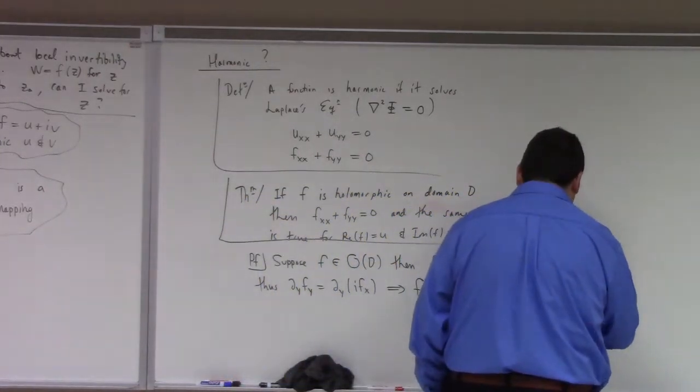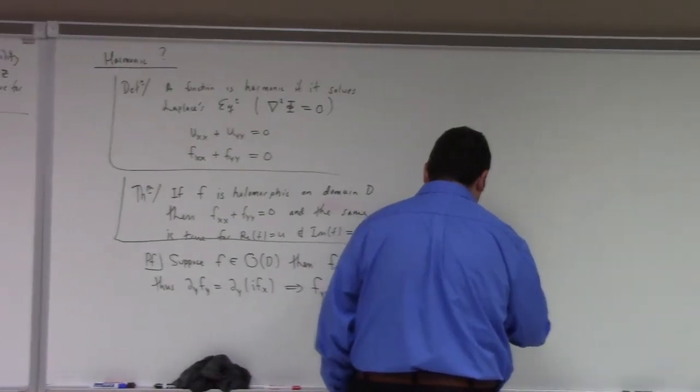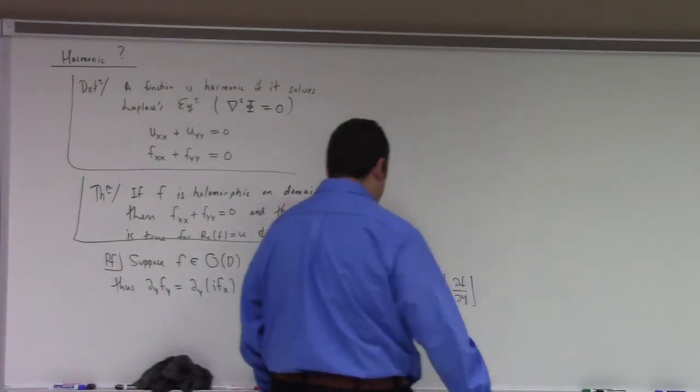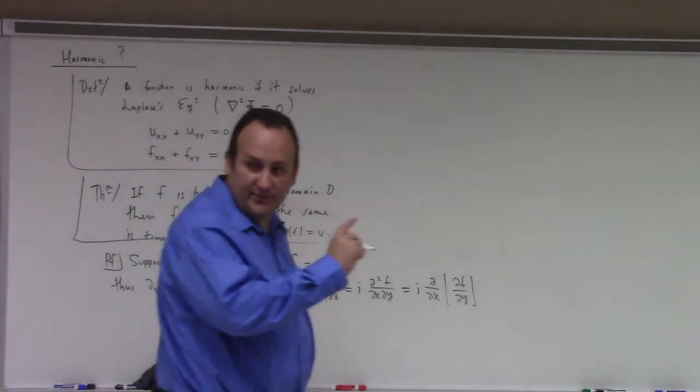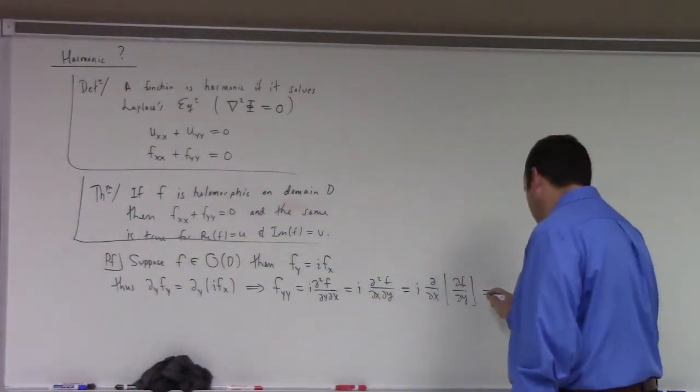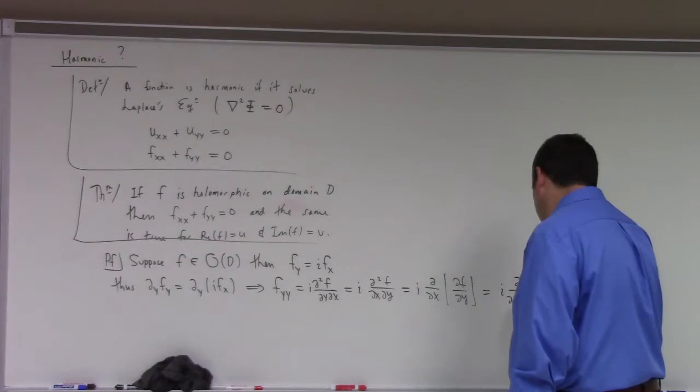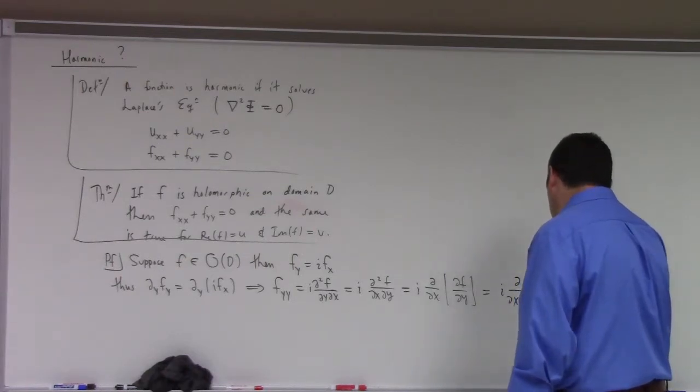And what do we have? We've got i, partial x of partial f, partial y. What is partial f, partial y, though? It's i times partial f, partial x, right? These are the Cauchy-Riemann equations.